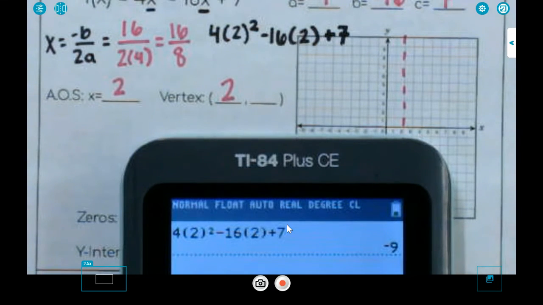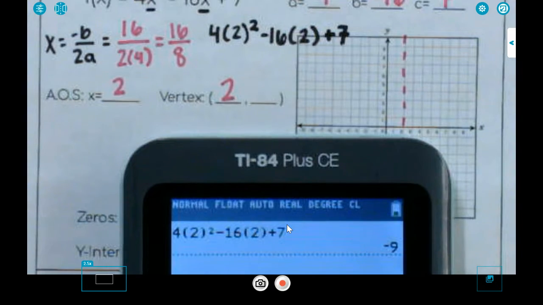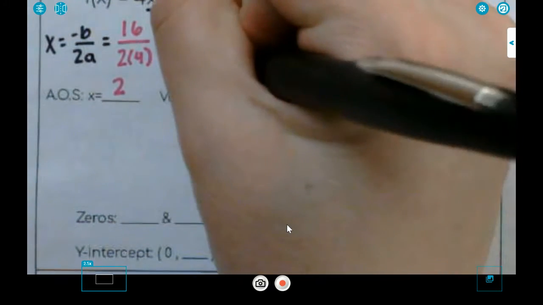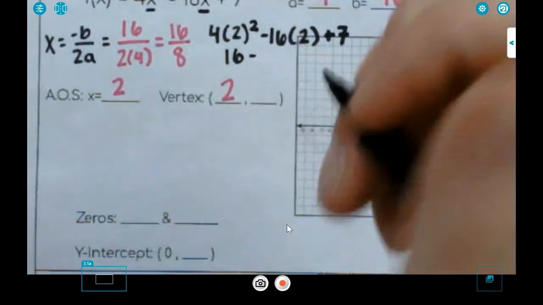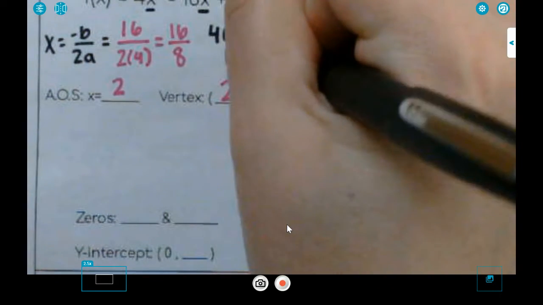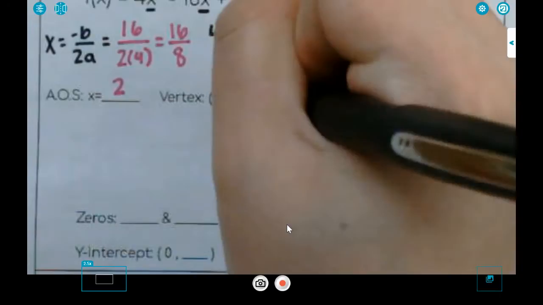If I wanted to do it by hand, I would need to do 2 squared first, which is 4. And then 4 times 4 is 16. And I've got negative 16 times 2 is negative 32 plus 7. And then if I added that all together, I would get negative 9 as well.